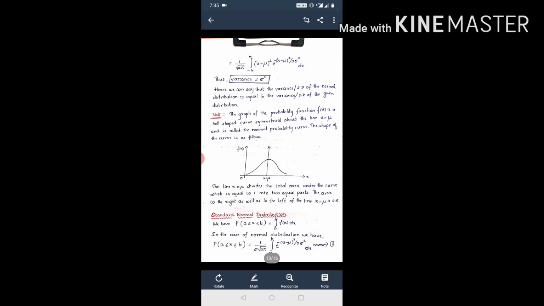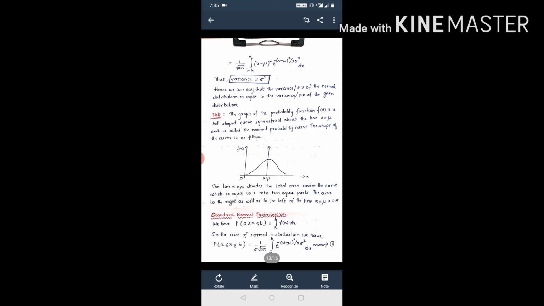We have to substitute (x minus mu) whole square into f of x. Again, simplifying by the substitution method, we will get variance as sigma square. Here also the variance and the standard deviation for the normal distribution are equal to those of the given distribution.